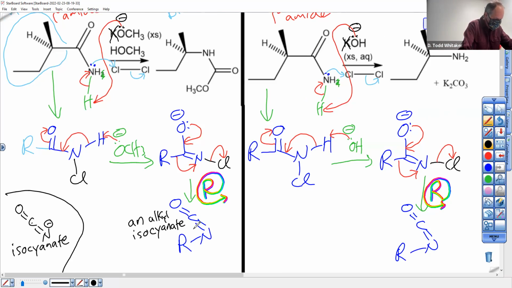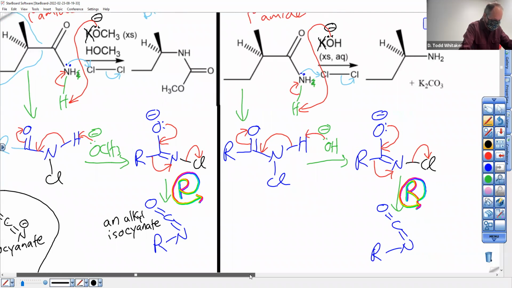What are we going to do with our isocyanate? This is the R attached to an N, so that N is going to pick up an H, isn't it? Because it doesn't have it yet. I'm just looking at where I have to go, people. This is an intermediate on the way to this at the end here, except it won't be an OCH3 here, it'll be an OH when we're finished.